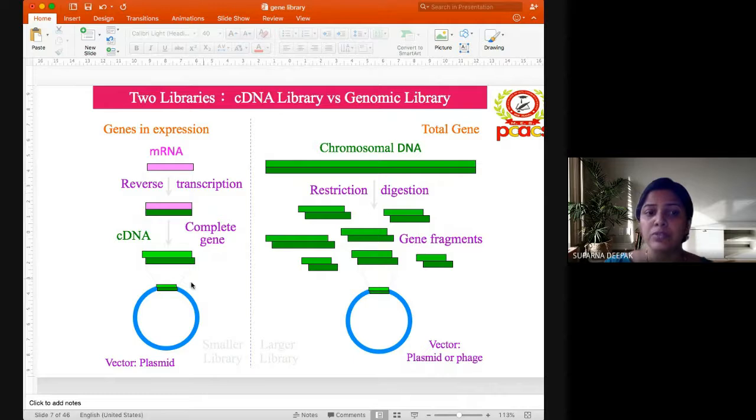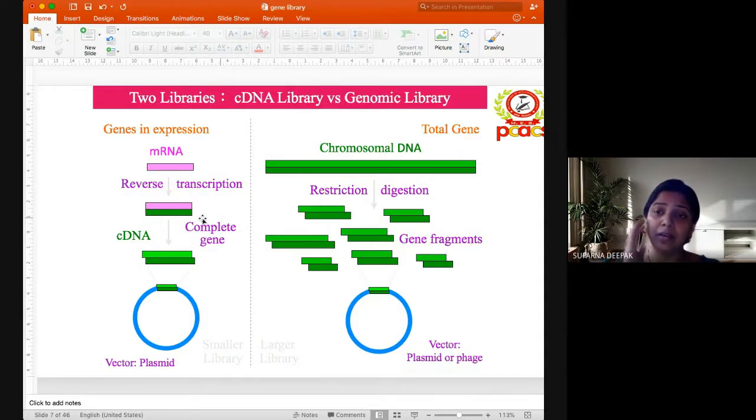So you can see that for the cDNA, the library is going to be smaller in size, right? Because you will have fewer types, and here you don't have to give treatment with restriction digestion, because the complete gene is going to be present.